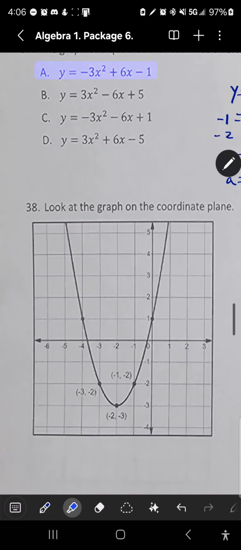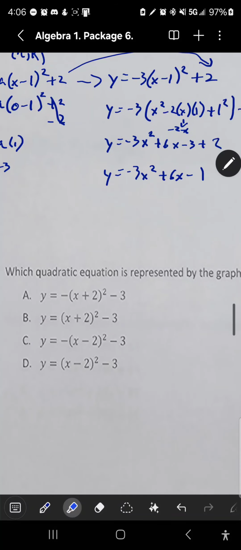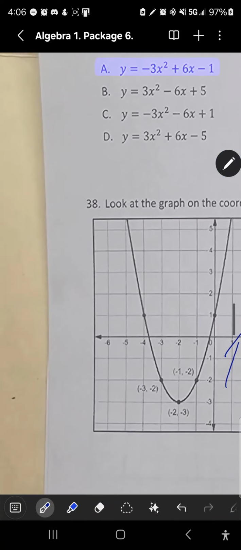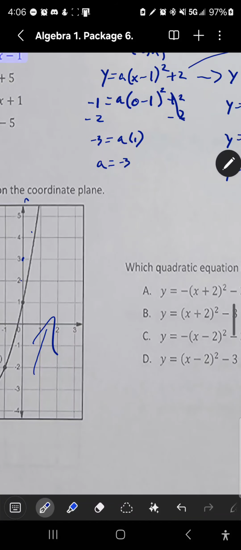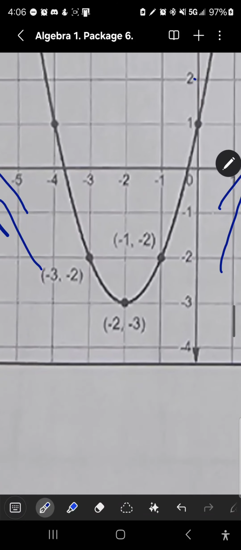Sorry about that. Now, look at the graph on the coordinate plane. Find the quadratic equation that represents the graph. Again, we see it is going up. It is becoming more positive, like 1, 2, 3, 4, 5 with the time. So it is not negative. And now let's look at the graph. We have the vertex, negative 2, negative 3.